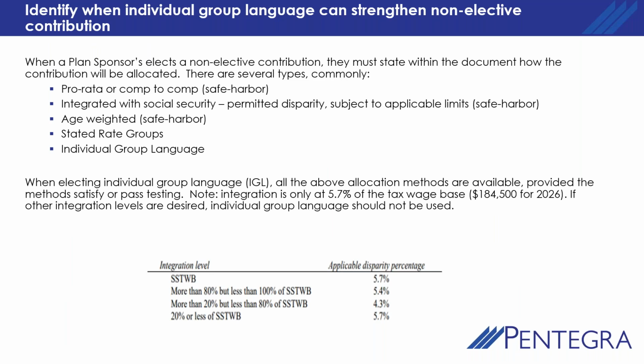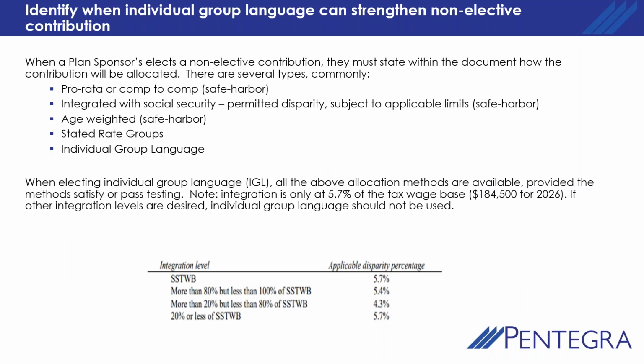The one key thing that the plan wouldn't allow as far as a non-elective contribution when you move to individual group language is an integration of anything different than the 5.7 of the tax wage base.